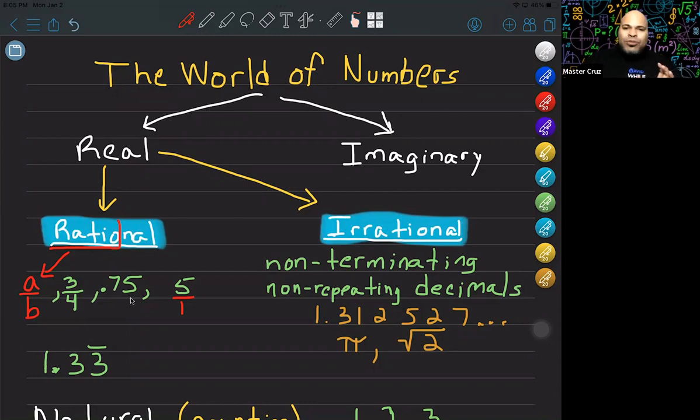0.75. If I have a decimal, every decimal that stops, that ends, can be rewritten as a fraction. The way that you do that is you count how many times you need to move the decimal point to take it to the right end of the number. In this case it will be 2 times, right? 1 and 2.